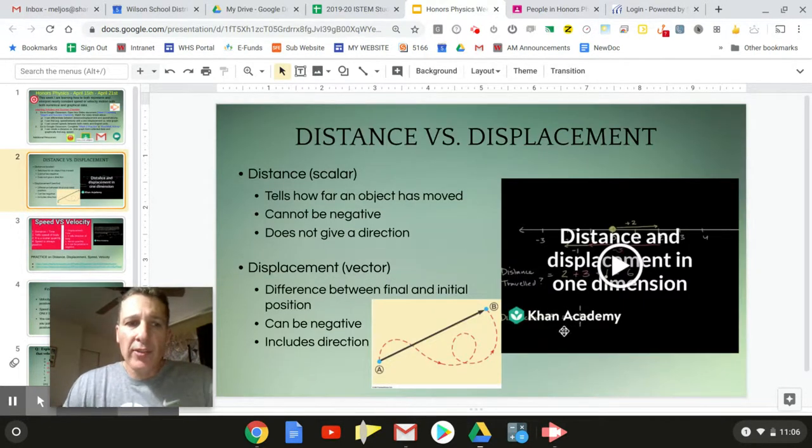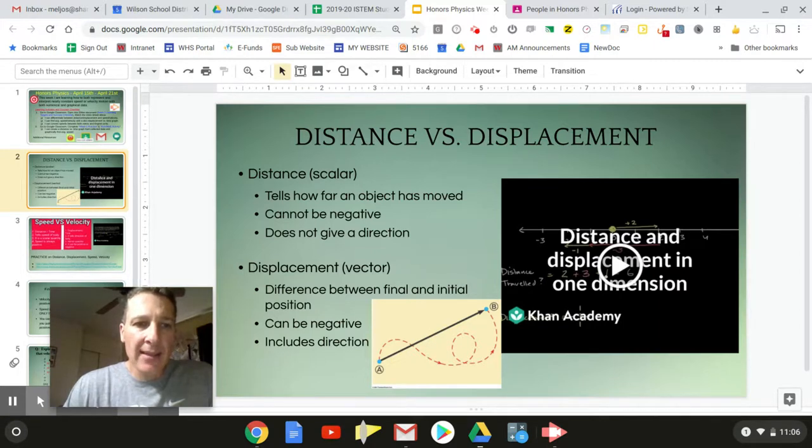This is review obviously from earlier in the year, right? Distance is a scalar quantity while displacement is a vector. Distance just tells you how far an object has moved. It does not include direction. It cannot be negative. On the other hand, displacement does include direction, hence it's a vector.